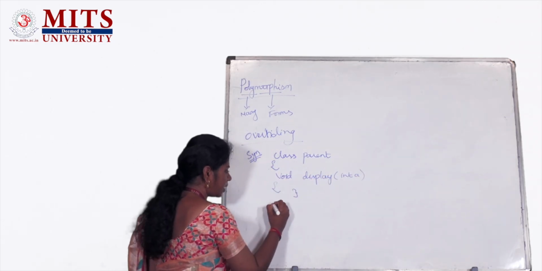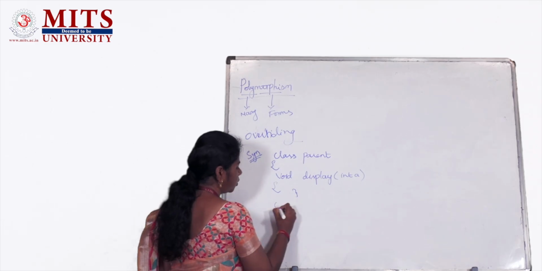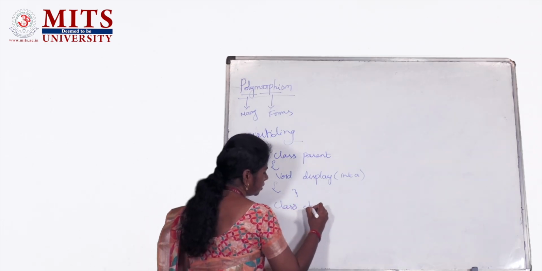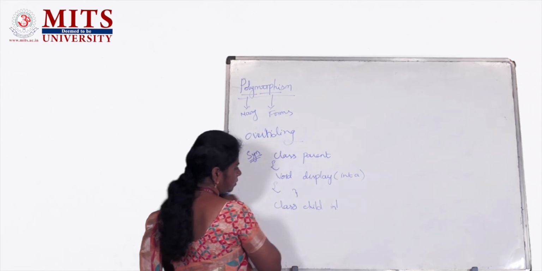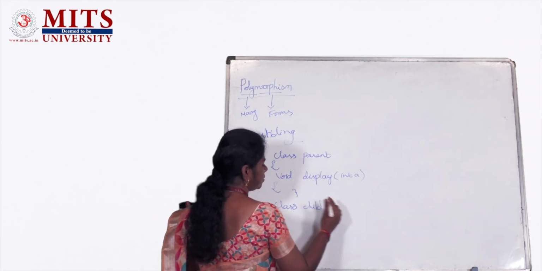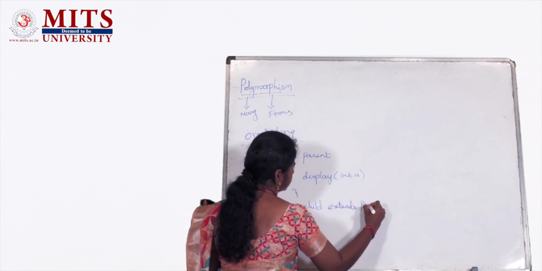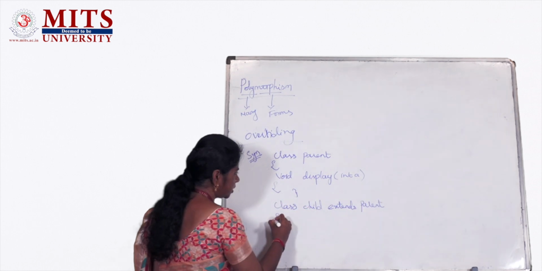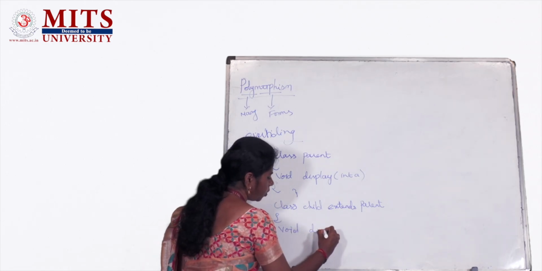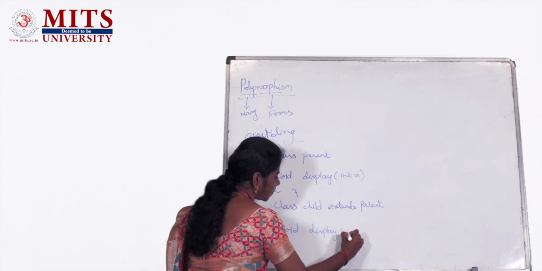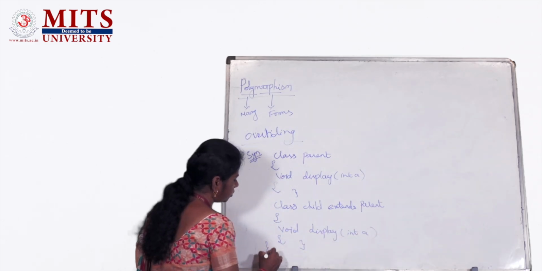Immediately I'm declaring one more class: class child extends parent. And here we should have one more method, void display, with the same parameter, then we close it.